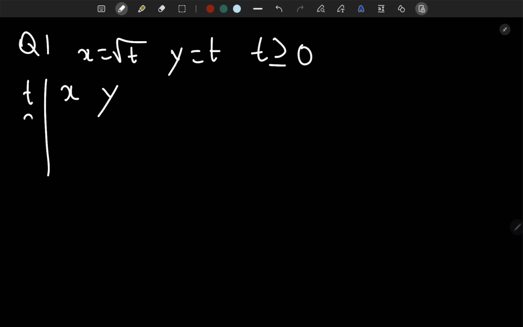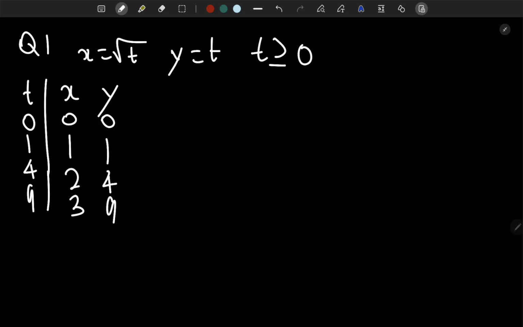Let's take 0, 1, and values which can be square rooted, so 1, 4, and 9, and find the values for x and y. When t is 0, we are going to get 0 and 0 for x and y. When t is 1, we are going to get 1 and 1. When t is 4, we are going to get 2 and 4, and when it's 9, it's going to be 3 and 9.